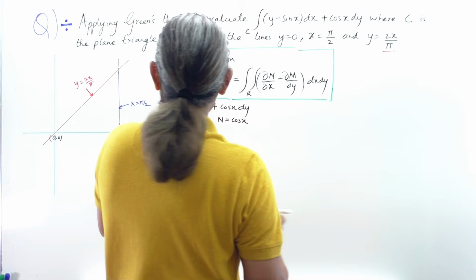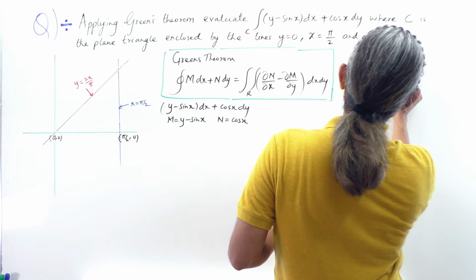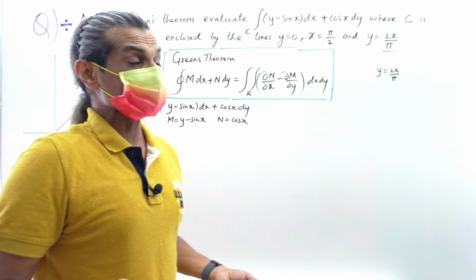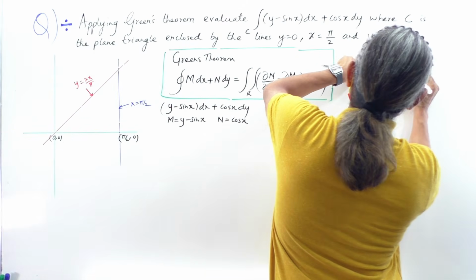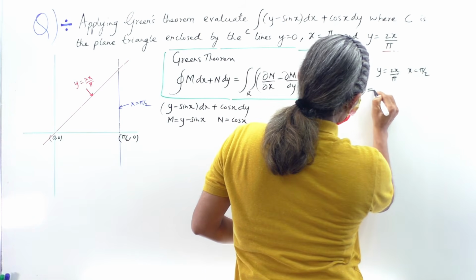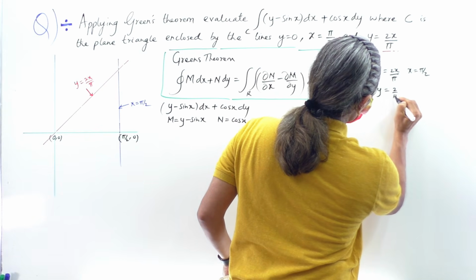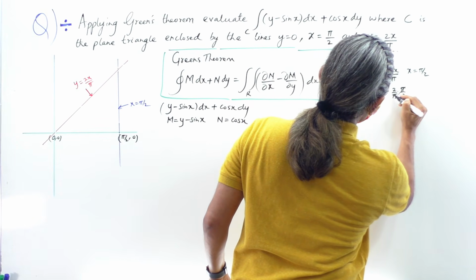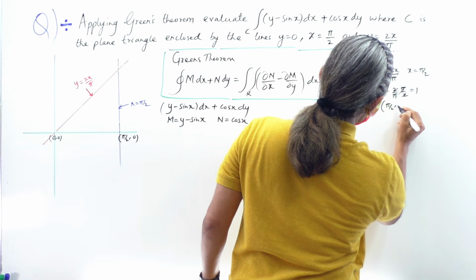It's simple. We have the equations y equals 2x by pi and x equals pi by 2. Please refer to the videos on double integral and change of order so you understand how to solve these equations. Put the x value here: y equals 2 by pi times pi by 2, which cancels to 1. So the point of intersection is (pi by 2, 1).